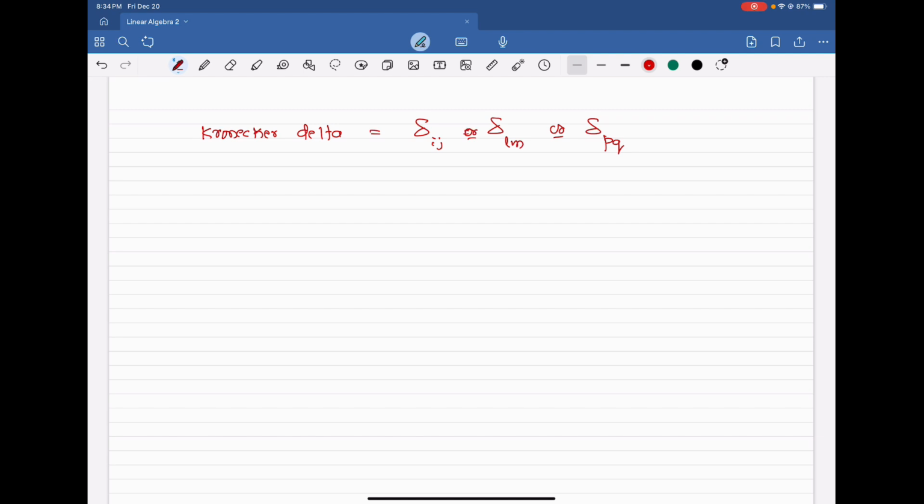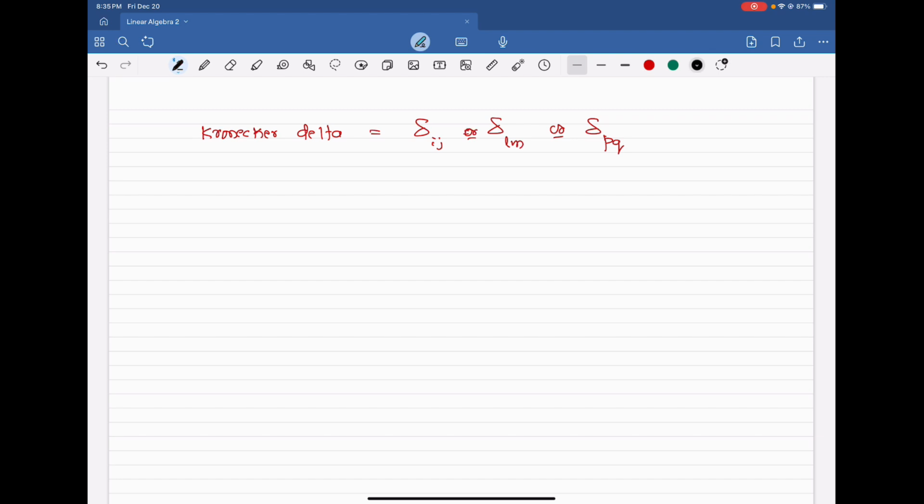These ij, lm, pq are all only numbers: the subscript of an element in a matrix, or the subscript of an element of a vector.